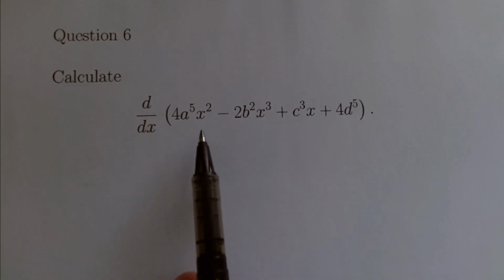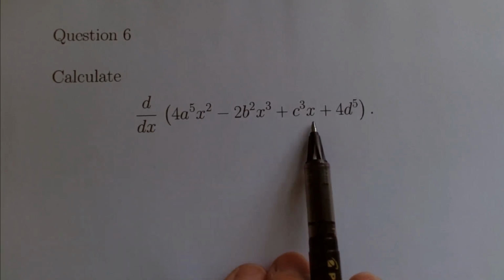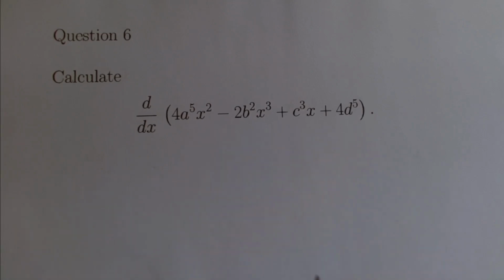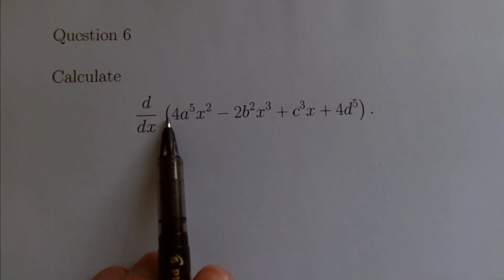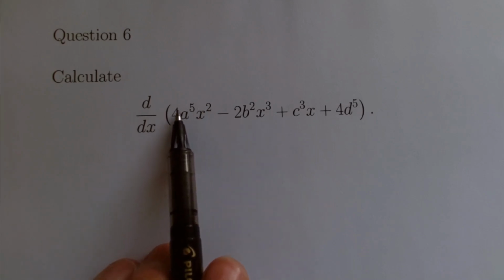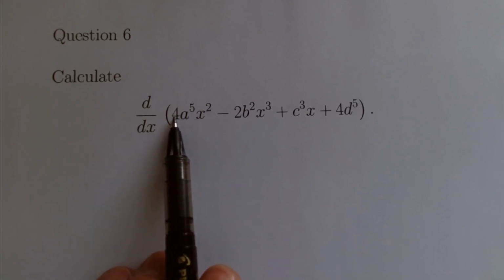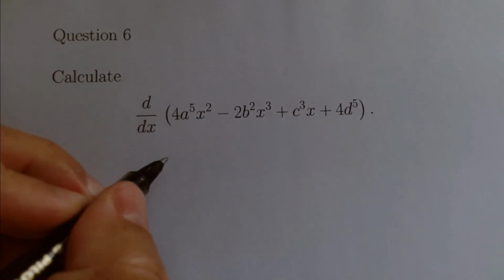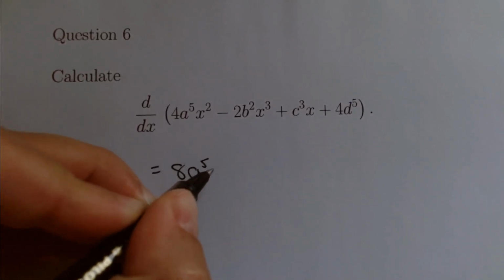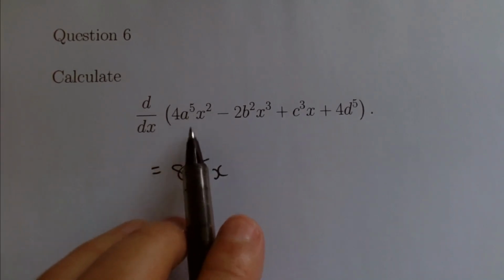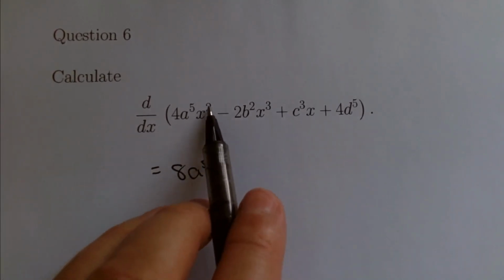That dx means that the x's are the variables and everything else is a constant. So for the a to the 5, that 5 doesn't come down. Only that 2 comes down. So it multiplies to 4. And the a to the 5 stays as a to the 5, but that 2 becomes a 1.